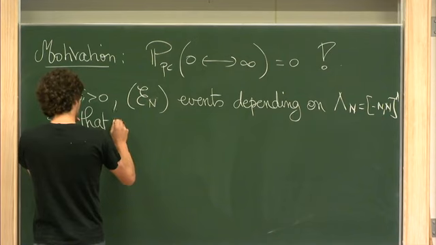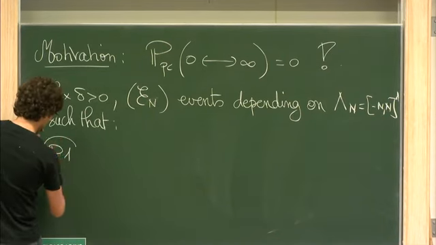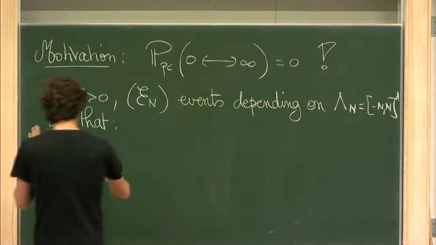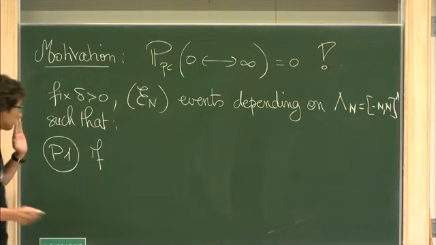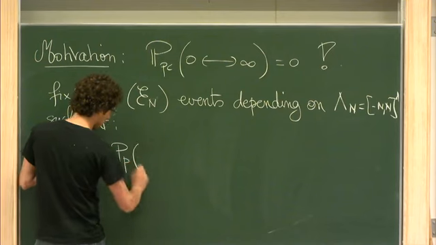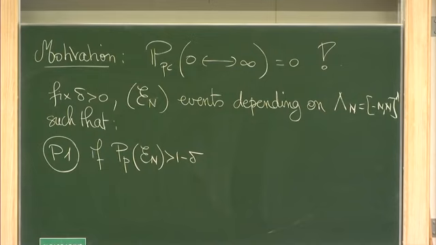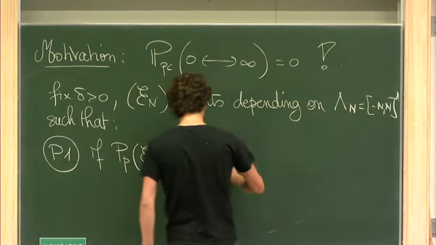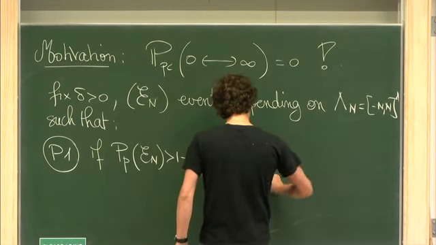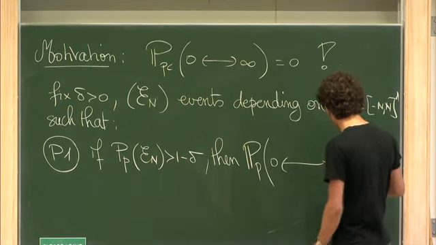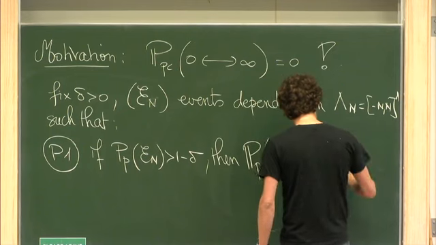The first property, I'm going to call it P1, would be that if I find one n such that the probability of En is larger than 1 minus delta, so if the probability of one of these events is very close to 1, then I do have percolation.